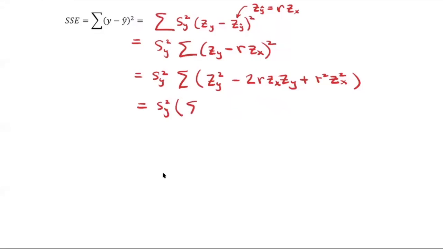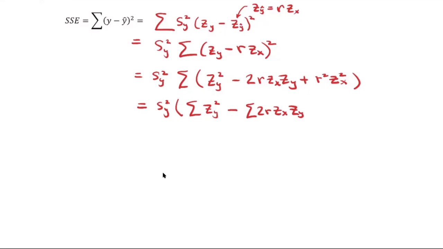First, the sum of zy squared, okay, minus the sum, and I'm going to change this, but so you can have minus the sum of this 2r zx zy. And so you're adding a bunch of things together. Now the r is a constant in every term in the sum, but the z-scores change from term to term because every x and y is different. There's only one r, and the 2 is separate too. So these are in a sum.